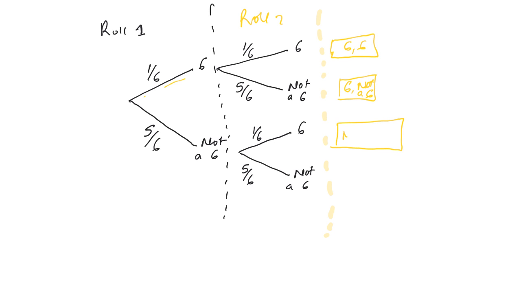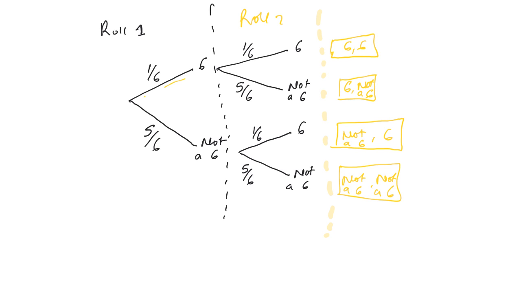This is not a 6 and then a 6. Then here it is not a 6 and then not a 6. So that's how a tree diagram can be so useful.